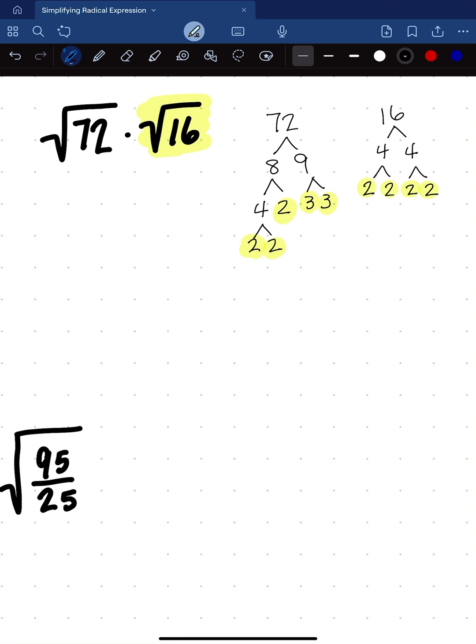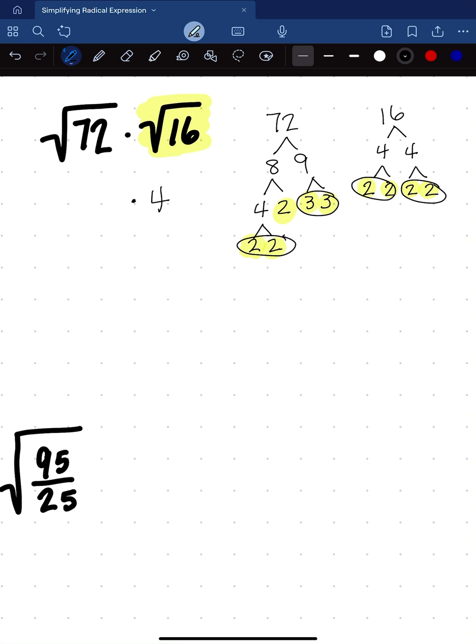When we are square rooting, we're looking at groups of 2 factors to factor out. That's another strategy. Since I know that the square root of 16 is a perfect square, I'm just going to put 4 for that one.